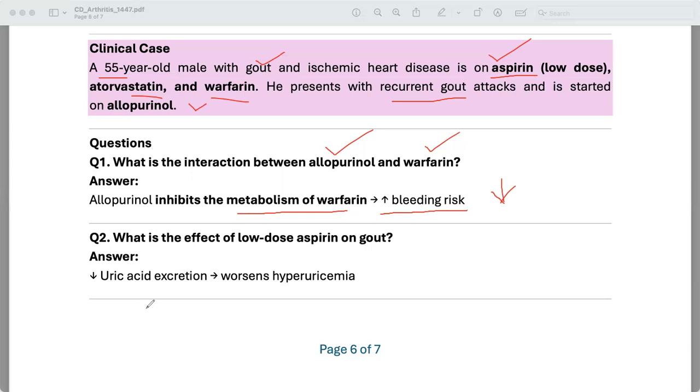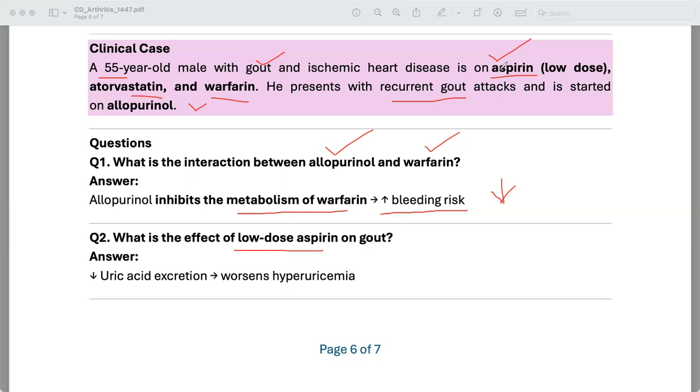Second question, what is the effect of low dose aspirin on the gout? Low dose aspirin is generally used as an antiplatelet agent to avoid heart attack and stroke, a preventive medication in the IHD patient.